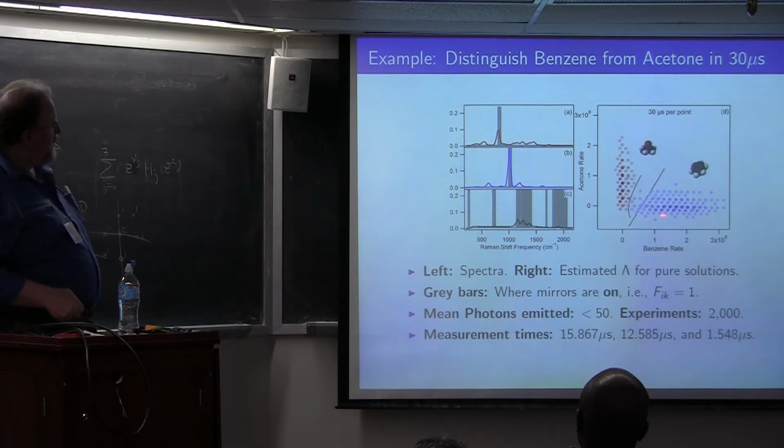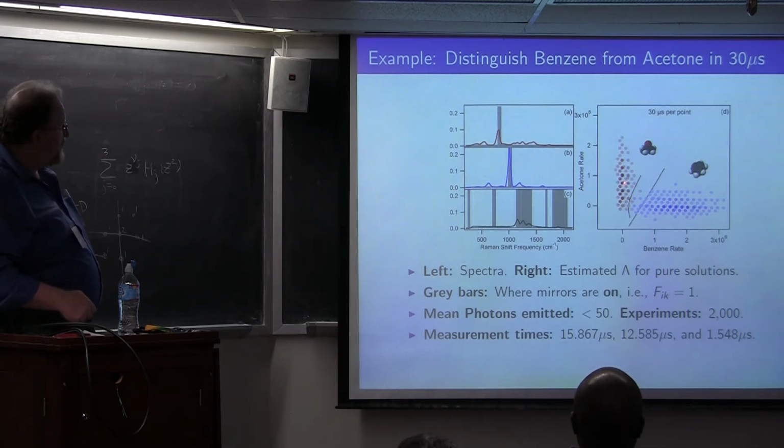So this is really benzene, and most of the time it gives you 0 for the acetone rate, sometimes something down. This is really acetone, and that dark dot is 73 times out of 1,000. So this is like Manhattan too, and then this is the suburbs up here, the little houses.